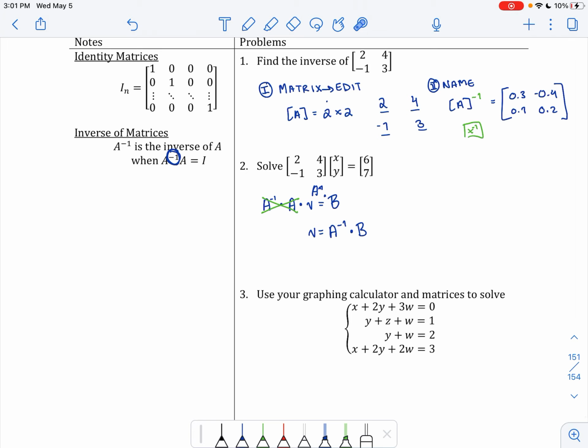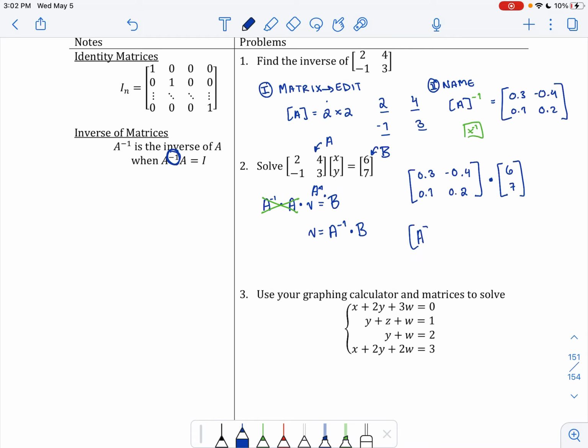Now, in order to solve this, like I said, we can just do this. What we want to do is multiply 0.3, negative 0.4, 0.1, 0.2 times, in this case, the B matrix. So this is the A matrix. We're going to call this B for the other side of this equation. So again, go matrix edit. For B, enter in 6, 7. So it's just a small matrix there.